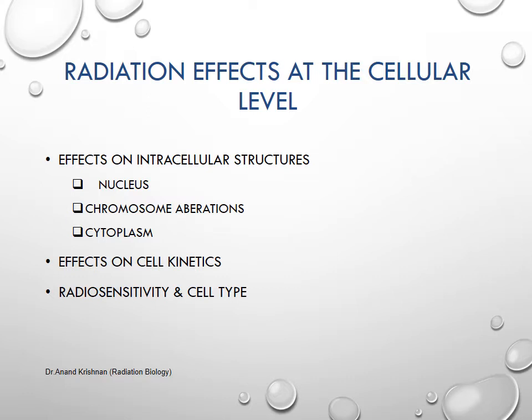So we saw that in direct effect, the X-rays directly hit the DNA and cause cell damage, whereas in indirect effect, the ionizing radiation leads to some form of chemical change which leads to cell damage or cell death. So it is not a direct effect. That is the primary difference between direct effect and indirect effect of radiation injury.